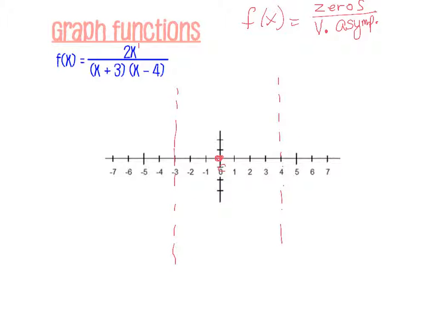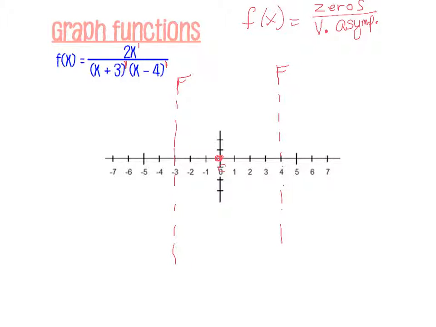In your denominator, if your value is to the first power, or to an odd power, which both of these are, those are going to be flips, so my graph is going to flip. If they were squared, or to the fourth, if they had even powers on them, they would be no flips. All right, I've got that sketched in there.